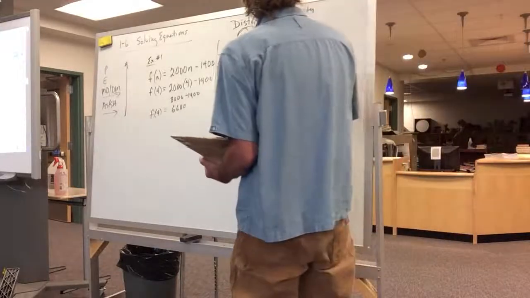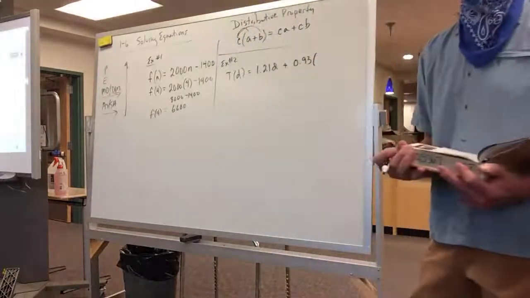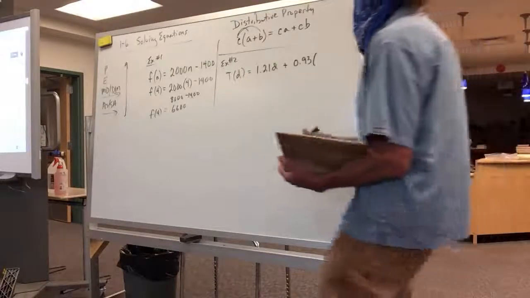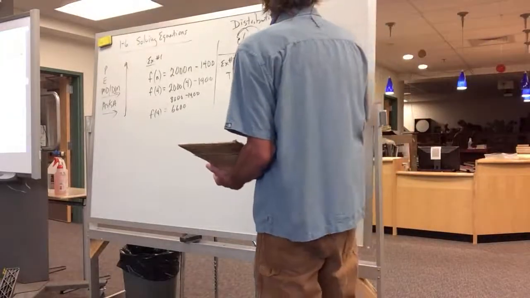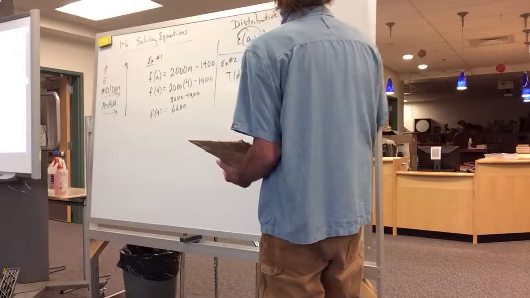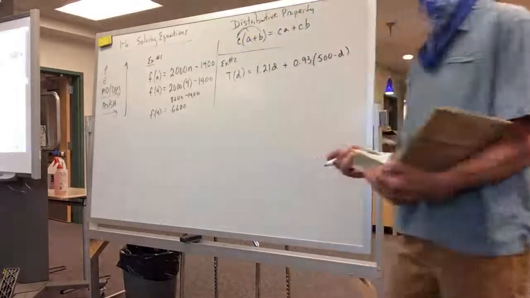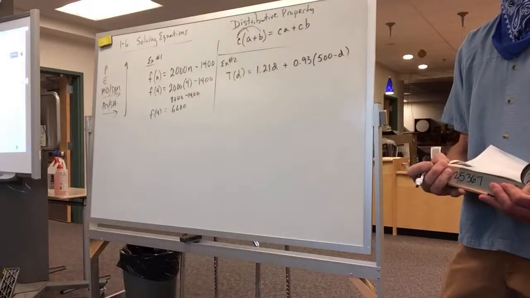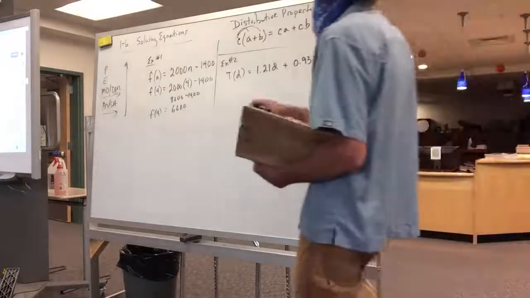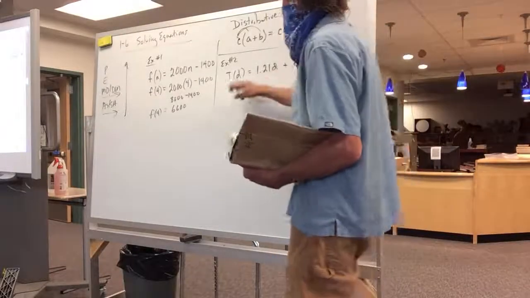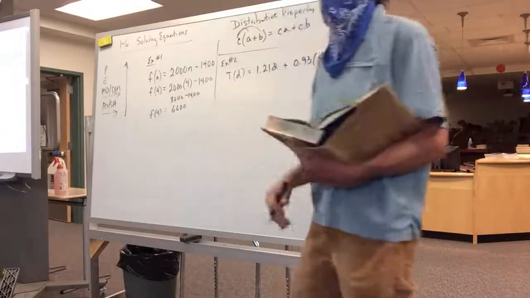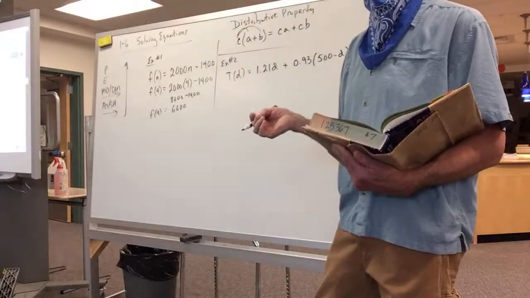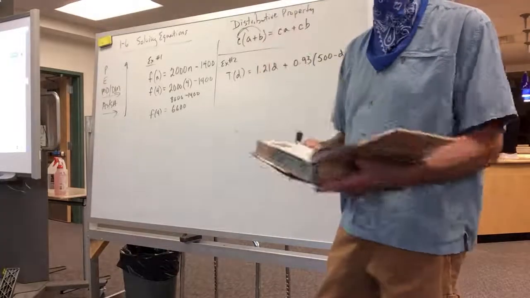And if we take that 93% written as a decimal, 0.93, we multiply it by 500, subtract the other card's price. So this is the relationship between the values of the cards. So this is the total value of the cards at the end of the season.